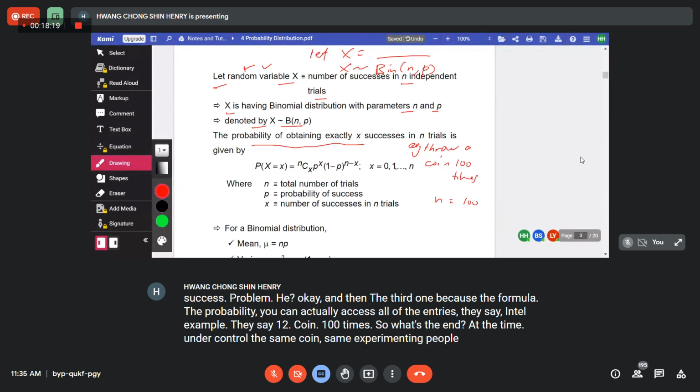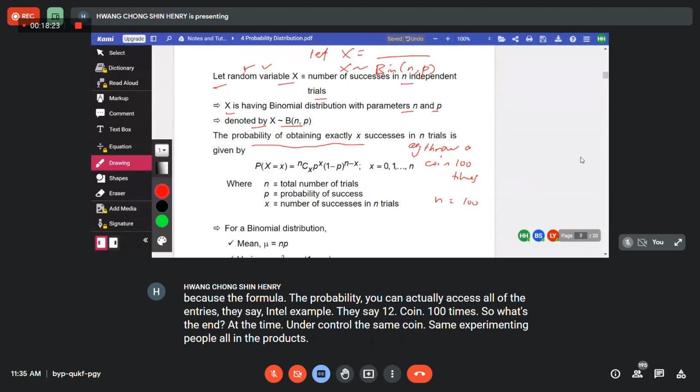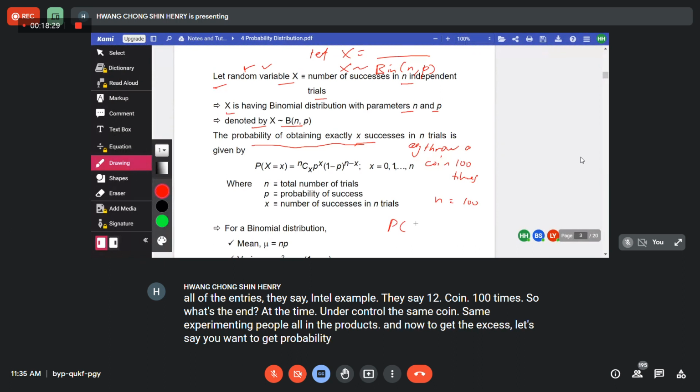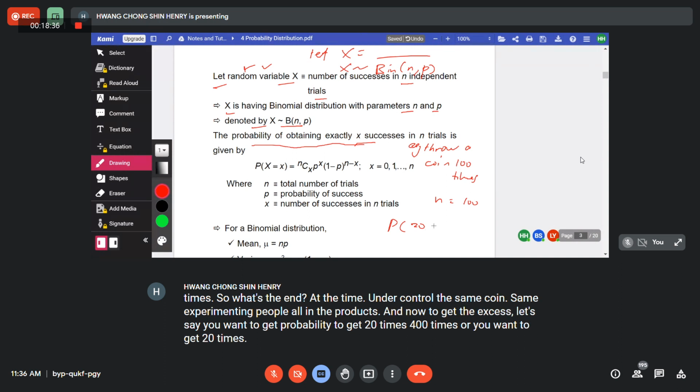Now, to get the x successes, let's say you want the probability to get 20 heads out of 100 times.